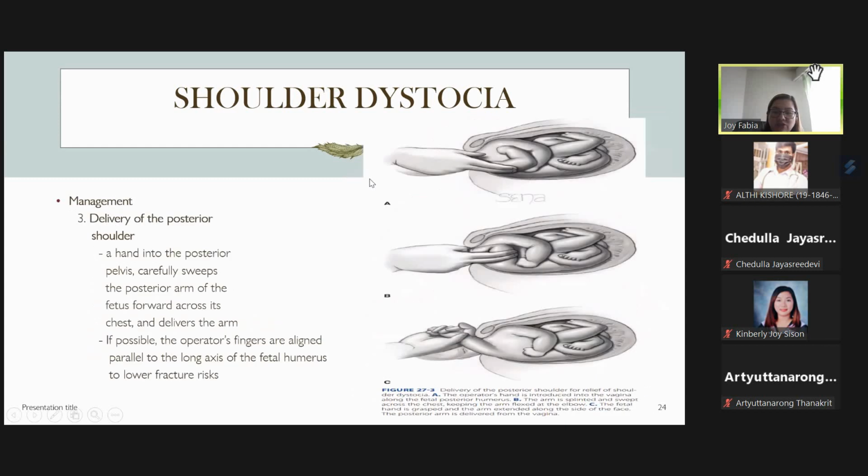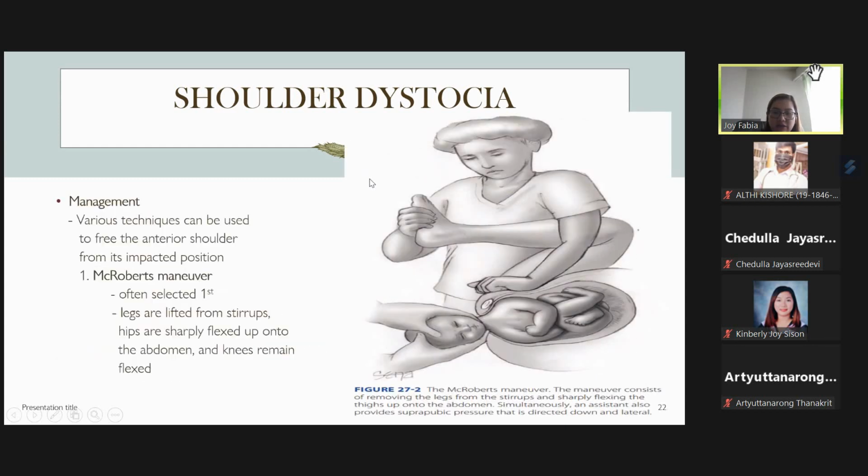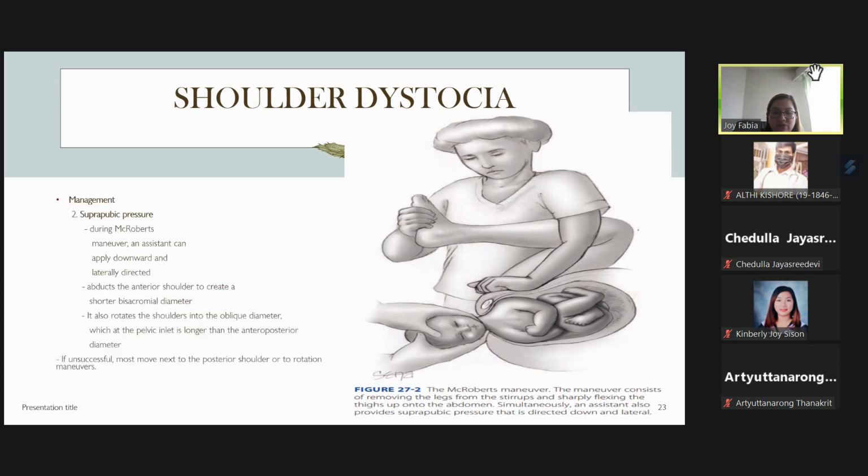The McRoberts maneuver is actually just flexing the legs, lifting them from the stirrups, with the hips sharply flexed as well. That is the McRoberts maneuver.